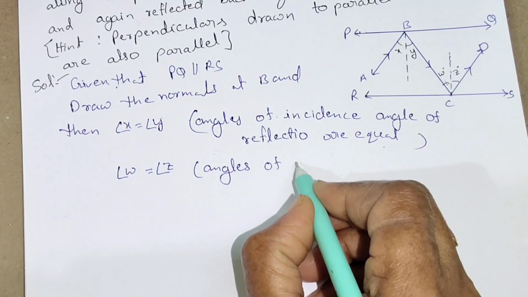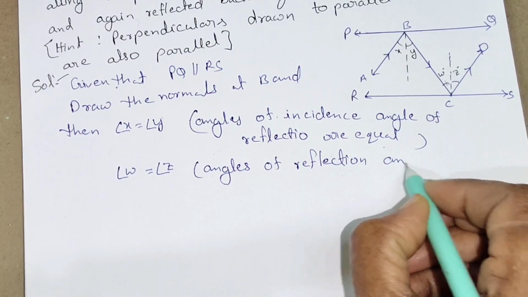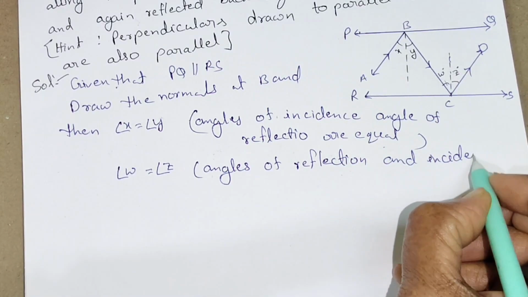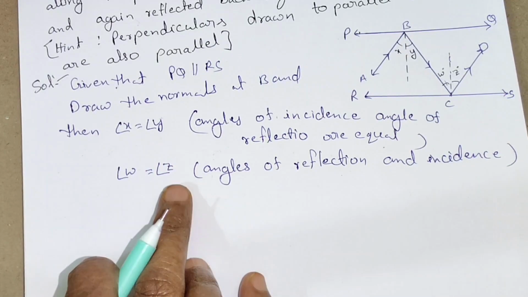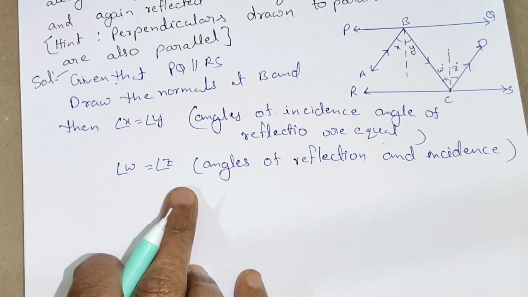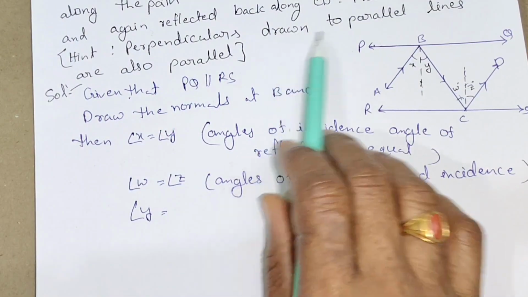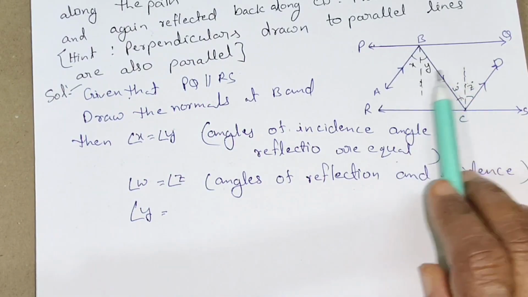Angles of reflection and incidence are equal. So x equal to y, w equal to z. Next, here is a hint: perpendiculars drawn to parallel lines are parallel. So here we draw the perpendicular lines.